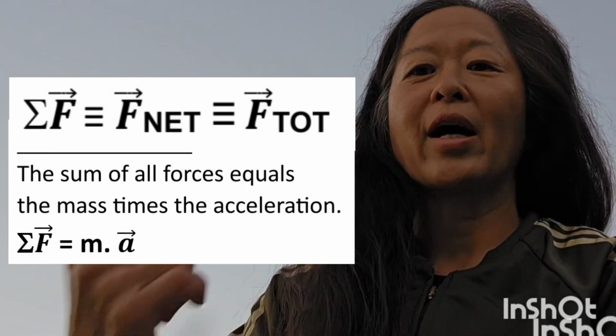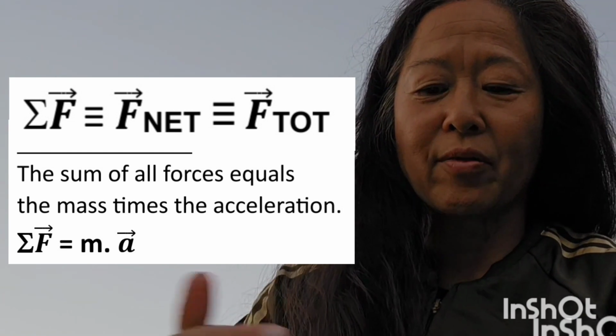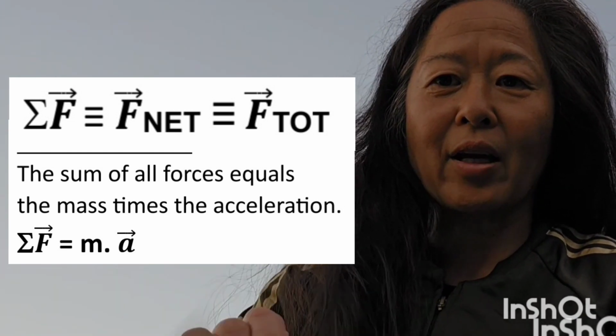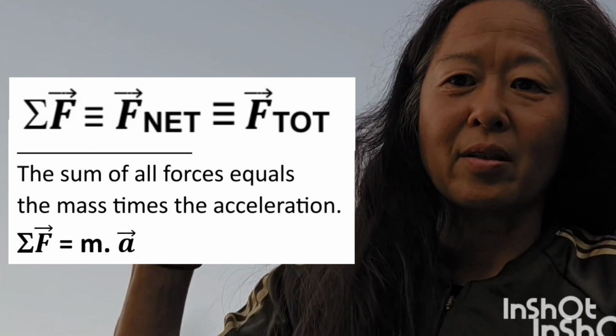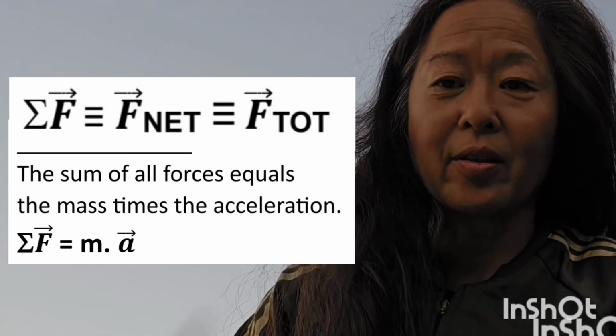That you have to add up the force vectors and set that equal to the mass times its acceleration. And of course, since force is a vector, you may need to apply your geometry to arrive at your final answer.